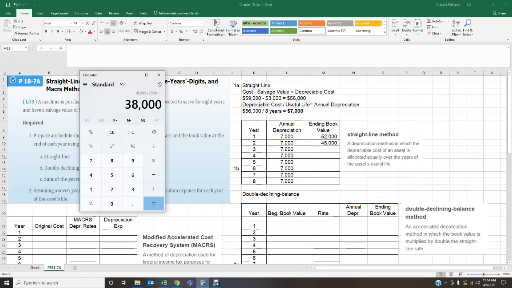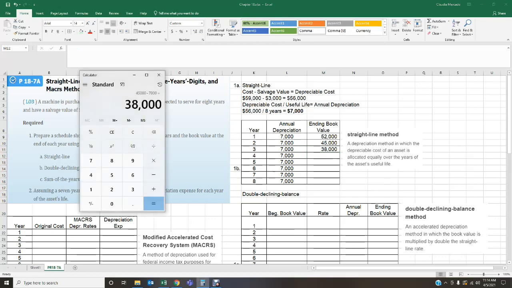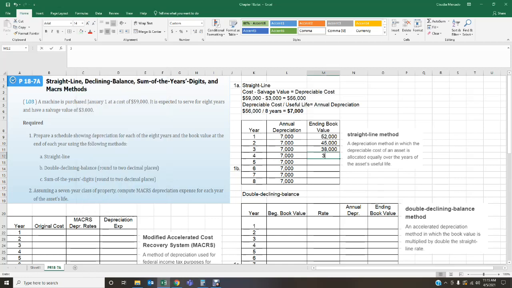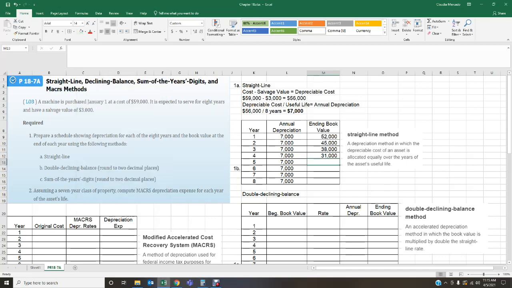That takes me to $38,000. I'm going to get my $38,000, which is my ending book value, minus my annual depreciation for year 4. That gives me $31,000. Then I subtract my $7,000 annual depreciation, and that takes me down to $24,000.